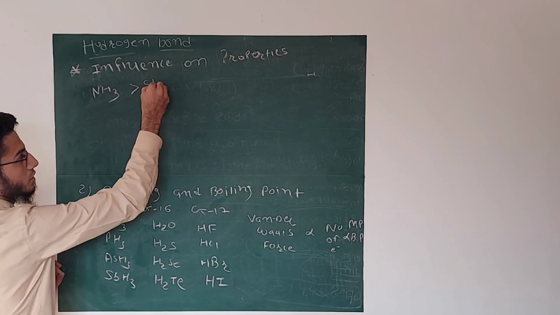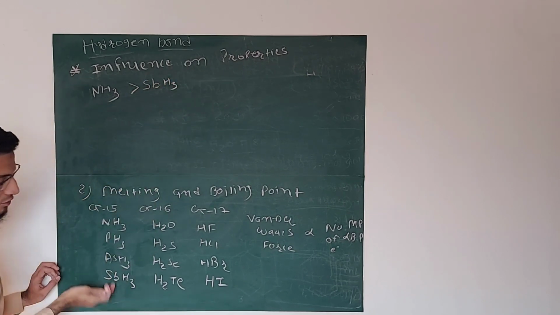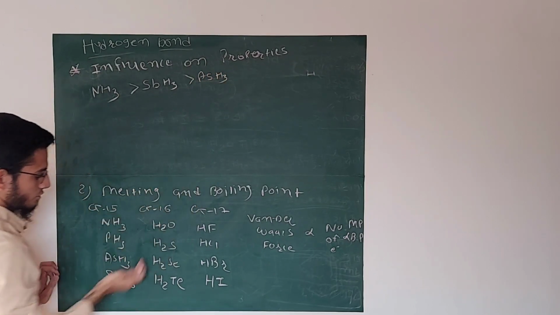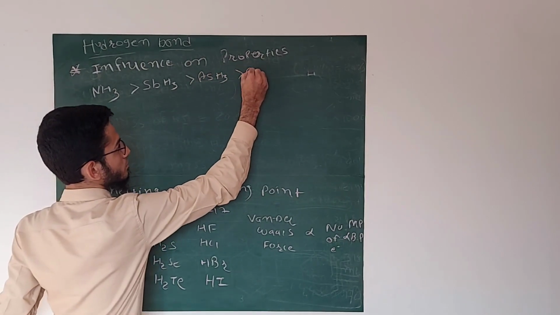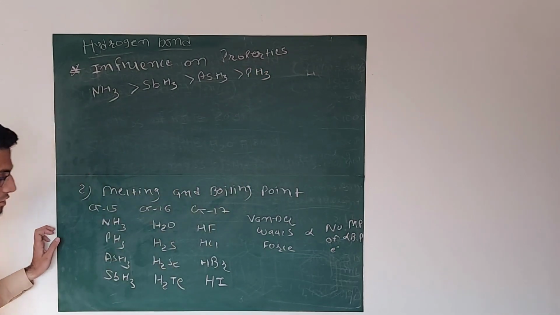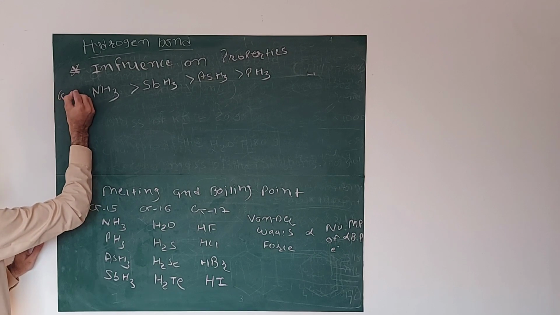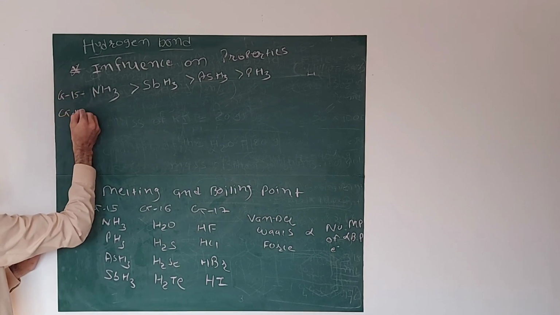So this is SbH3, then for arsenic, then for phosphine. Similarly in this case, in group 16, here is group 15, then group 16.